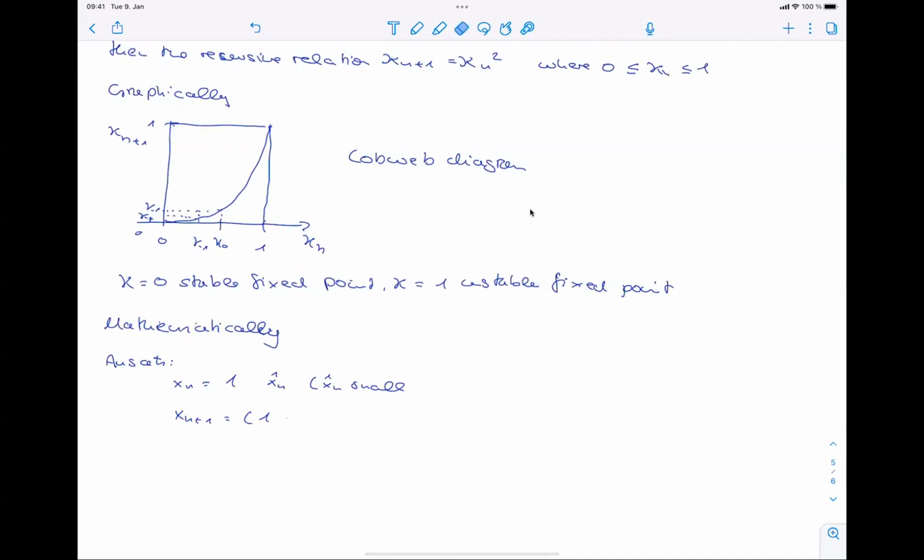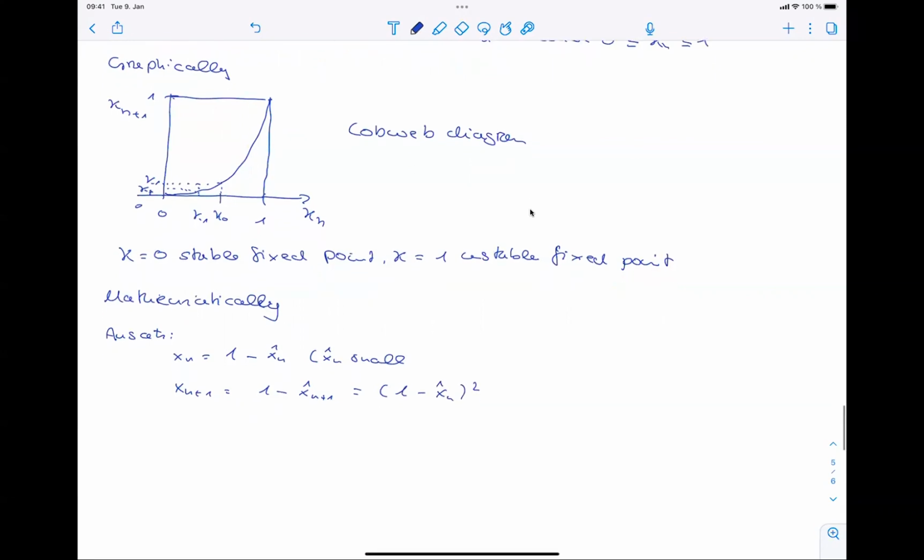I need to stay below 1, sorry. And I can do the same to define my xn plus 1 as 1 minus xn plus 1 hat. And then because of this quadratic relationship, we know that this is 1 minus xn hat squared.